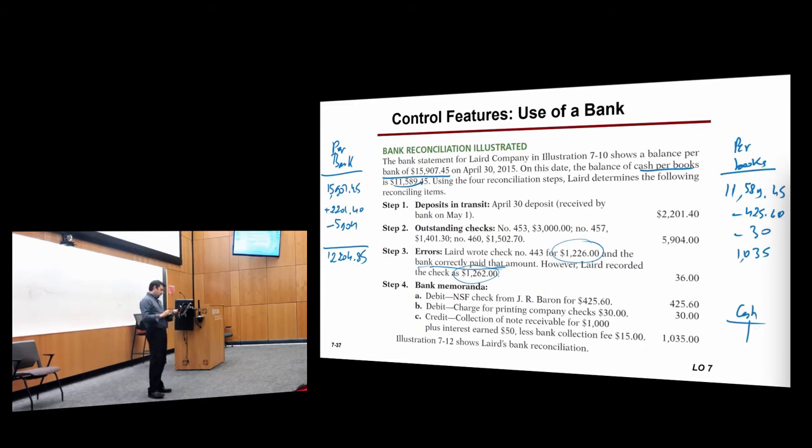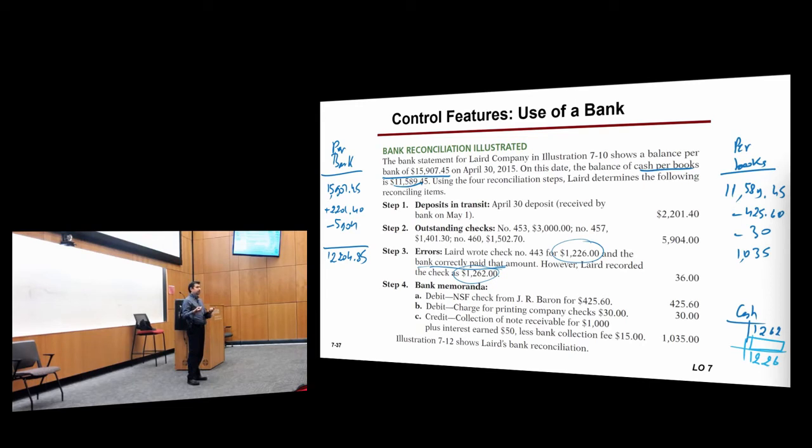So originally, they credited 1,262. The easiest way to do that is to reverse it. Basically, you need to do the correcting entry. The amount that you need to have at the end should be 1,226.